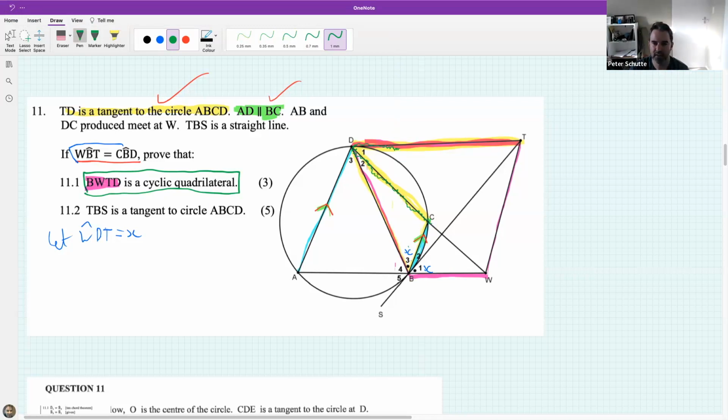The chord DC subtends another angle, and that other angle it subtends is down here. So I was thinking that this one over here has to be X. Give me a thumbs up if you understand that this D1 up here has to be X.